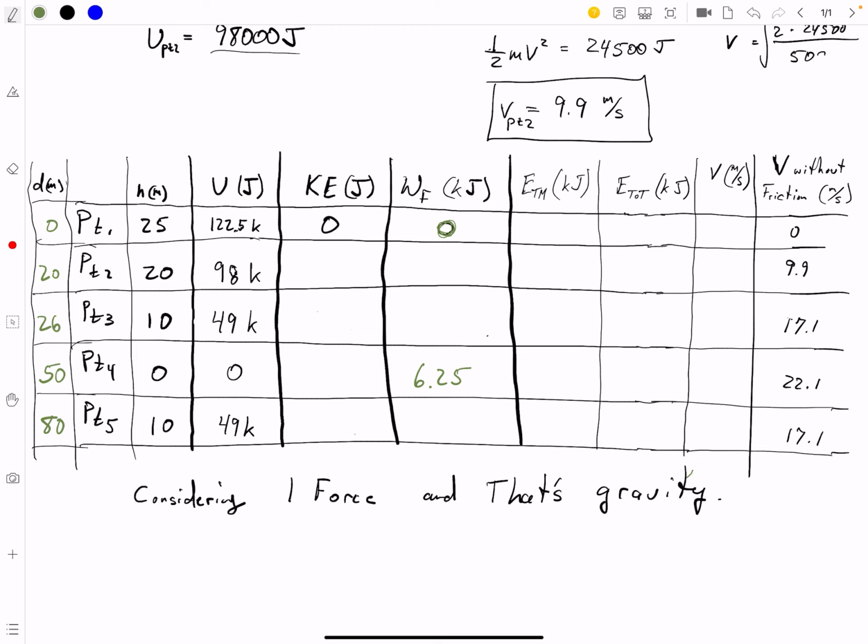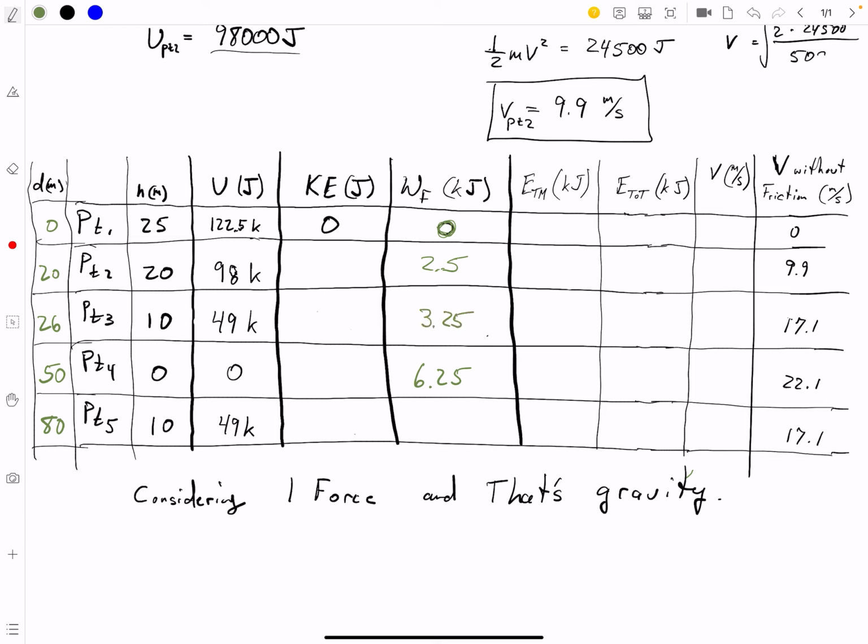Along the way, that's 20, so we're going to multiply by 20, and that is 2.5 kilojoules. 125, and we're going to multiply by 26: 3.25.